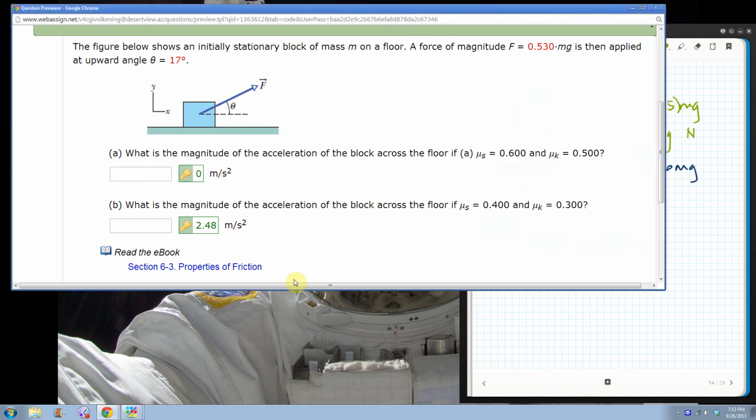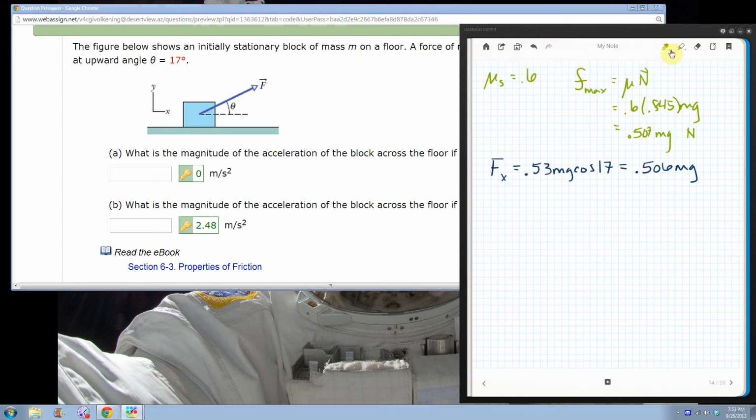Now what if we change it again? If we change it so that mu s is 0.4, in that case, this is part B, the maximum static friction is 0.4 times 0.845 mg, which is 0.338. Fx is definitely enough to break that.